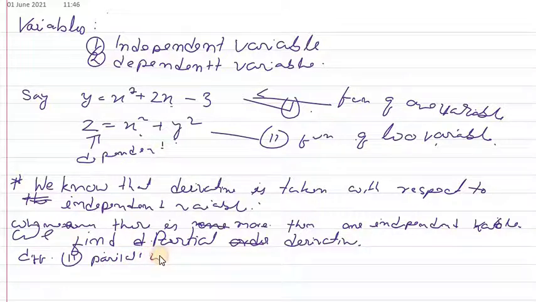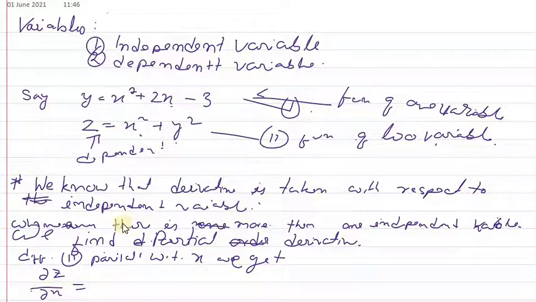So if you differentiate this partially with respect to x, we write del z by del x.